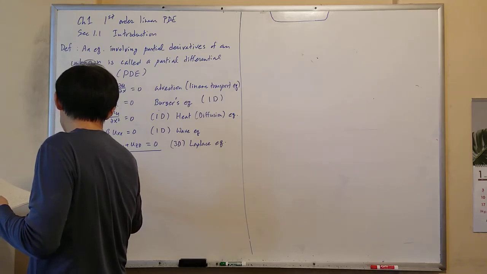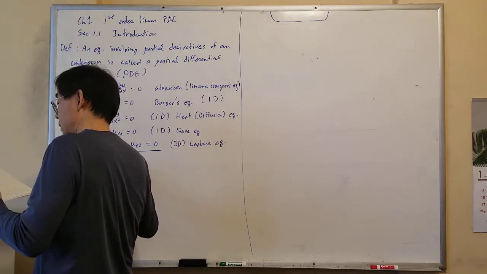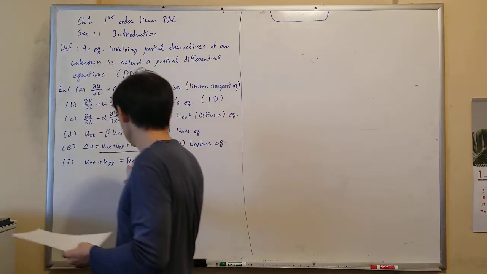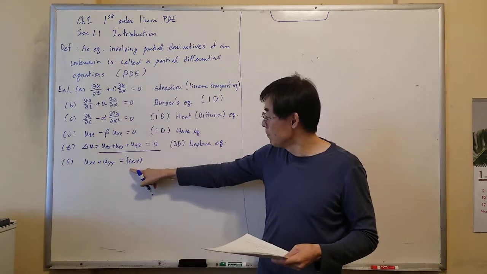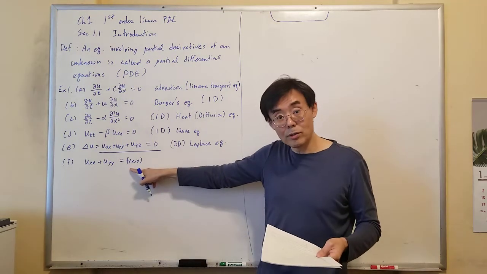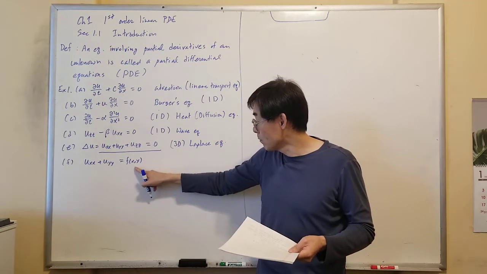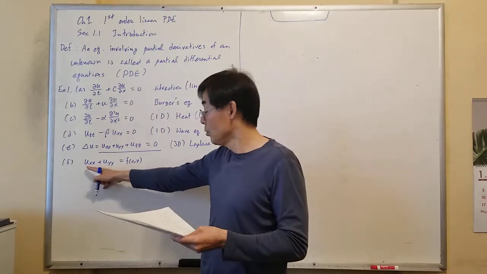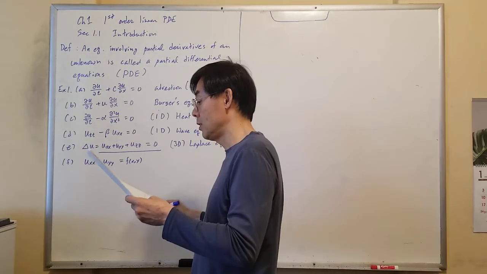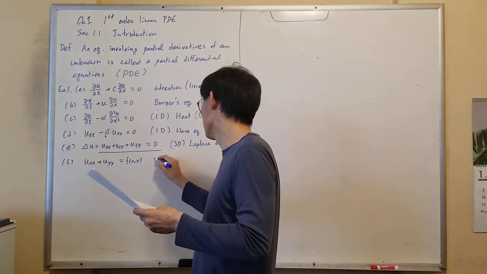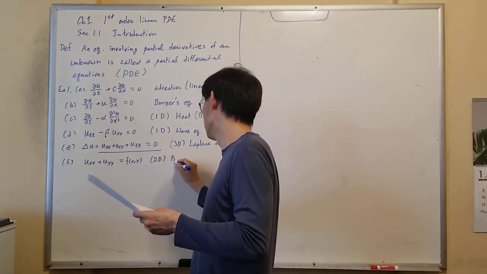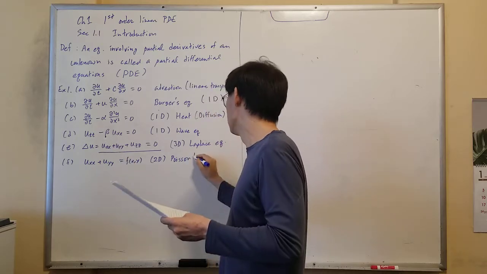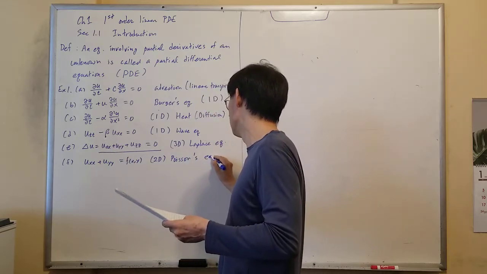F: u sub xx plus u sub yy equals f, where f is some known, given function of x and y, the independent variables, not an unknown quantity you're looking for. U is the unknown. This is called the 2D Poisson's equation.